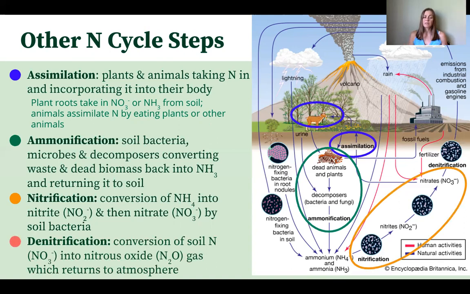Denitrification occurs in anaerobic environments, and that is the conversion of soil nitrates, so that NO3 ion, into nitrous oxide gas or nitrogen gas, which then returns to the atmosphere. So this tends to happen in waterlogged soils, and it loses the nitrates from the cycle of being able to be uptaken by plants and then eventually animals.